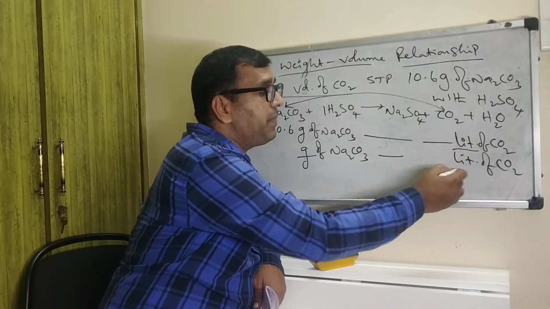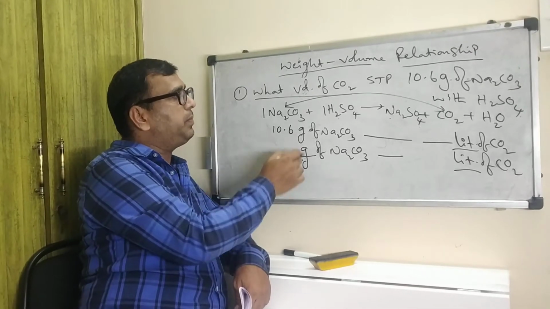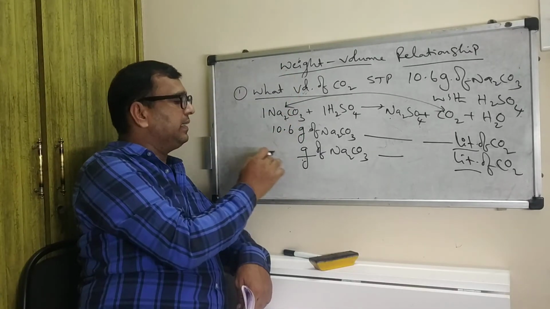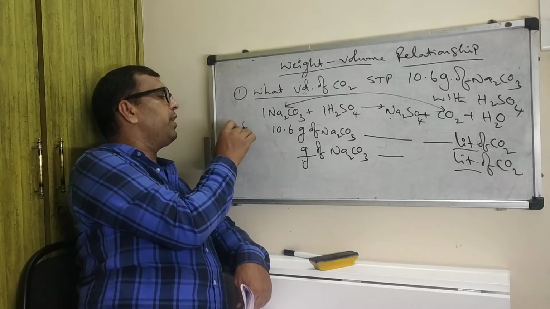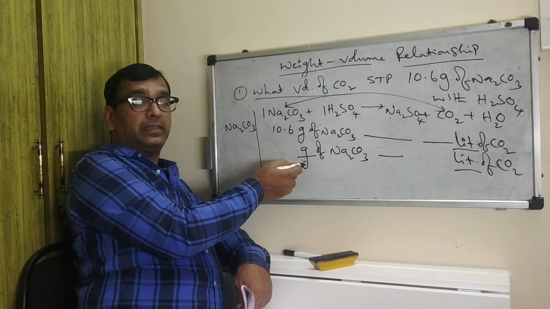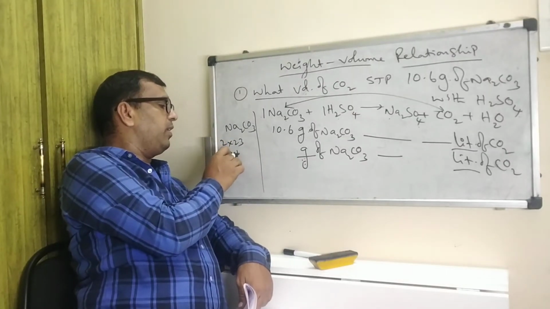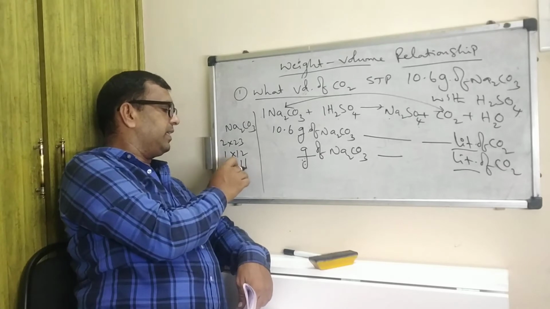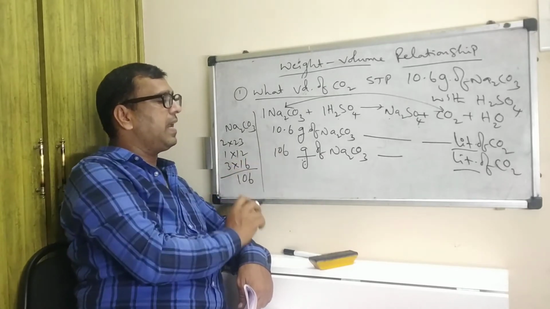Why? The given information is expected in liters. So grams means you have to take mass, generally the molecular weight of sodium carbonate: 2 into 23, 1 into 12, 3 into 16, finally you will get 106 grams.